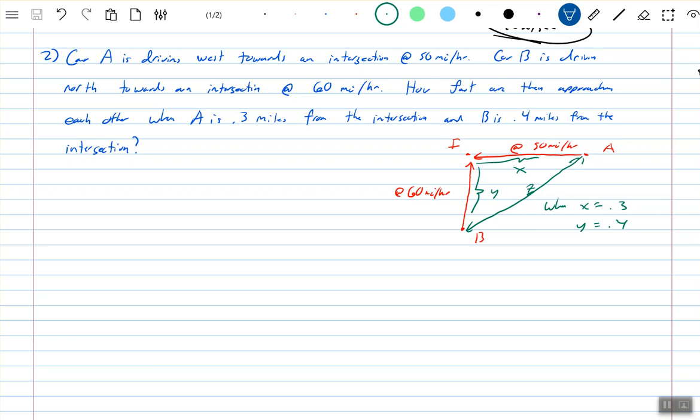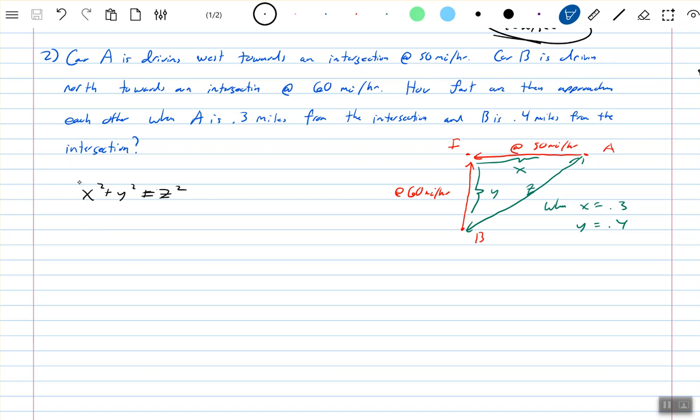In this situation, we have a triangle. What's the best way to relate variables in a right triangle? You guessed it, the Pythagorean theorem. x squared plus y squared is equal to z squared is the Pythagorean equation. So we know we want to use that, and we know we need to differentiate this with respect to time.